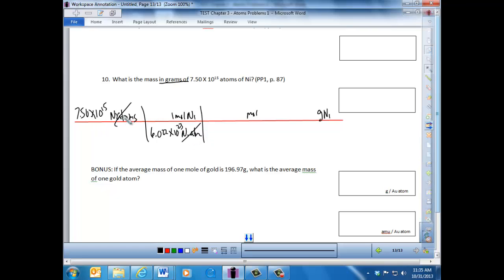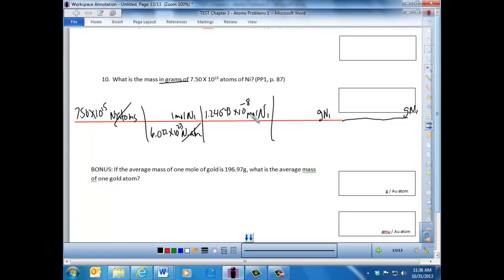So nickel atoms cancel, and we end up in moles, and it comes out to 1.2454, whatever, times 10 to the negative 8 moles of nickel. Okay? Now I'll just extend this line out here and put grams of nickel here.